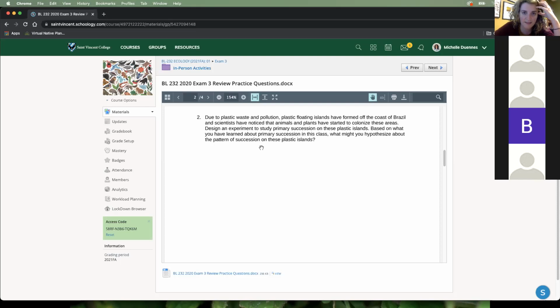I talked about these sand dunes in the lecture on succession, where they knew the dunes were of varying ages and how long they had been there. They used the oldest ones to predict what will happen in the future to the younger sand dunes. That's how they constructed the pattern of succession happening in these sand dune environments.